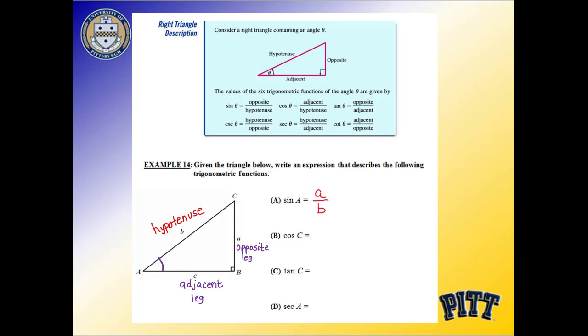And if you haven't remembered it already, I don't know if I have it appearing on these notes here, there was a mnemonic device for the sine, cosine, and tangent called Sohcahtoa. That stands for sine is opposite over hypotenuse, cosine is adjacent over hypotenuse, tangent is opposite over adjacent.